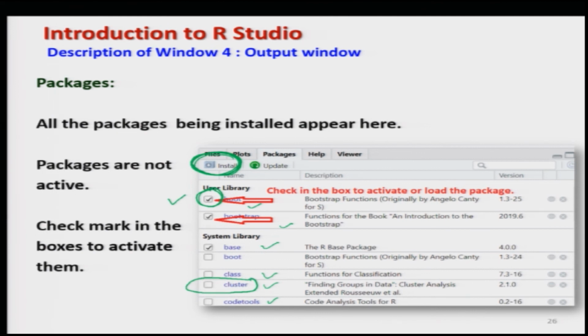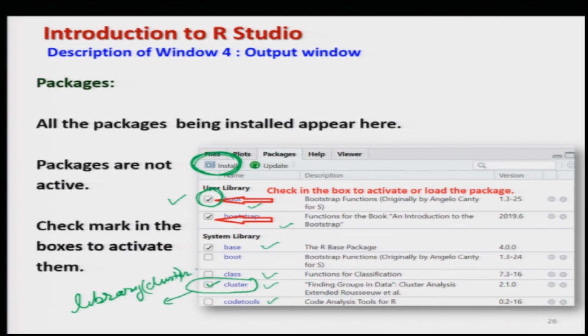Some time back I had installed it, but at this moment I cannot use it. If I want to use it, I have to check it. Once I do this check, it is equivalent to the command library with the name inside, say cluster.